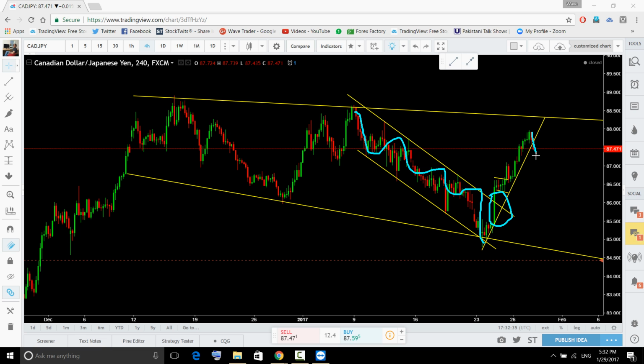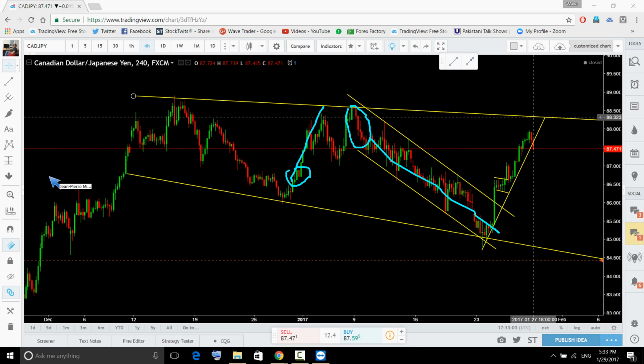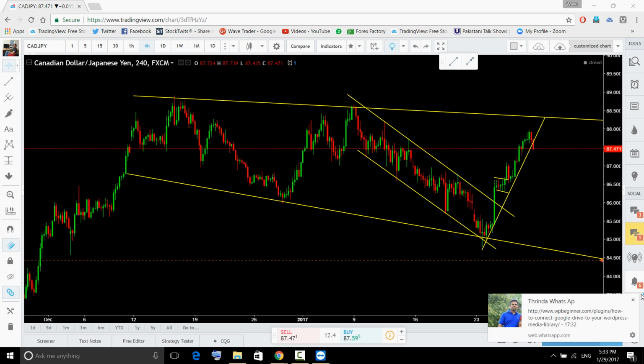So here you guys need to watch for this kind of price action again. If you see that, look for downside. Almost everywhere you will see this kind of price action. When price starts to reverse, you will see an impulsive move over there. So this is basically the start of a new move.